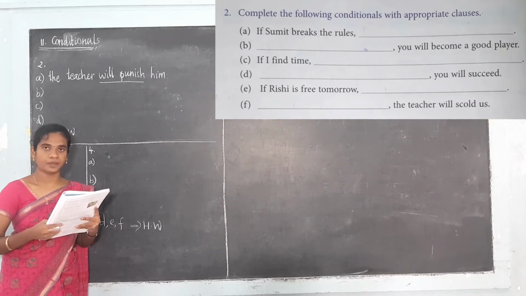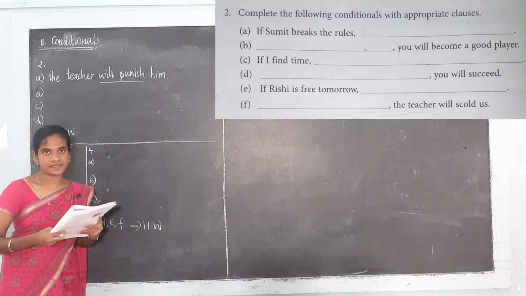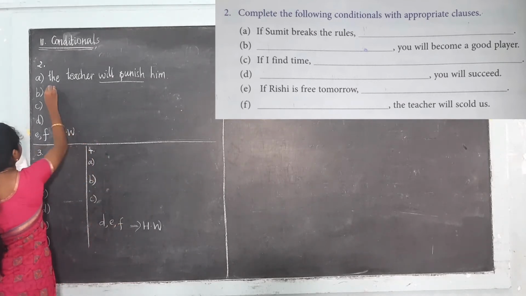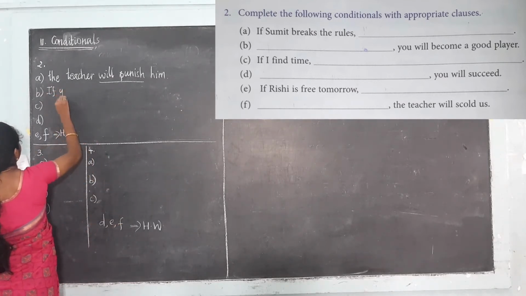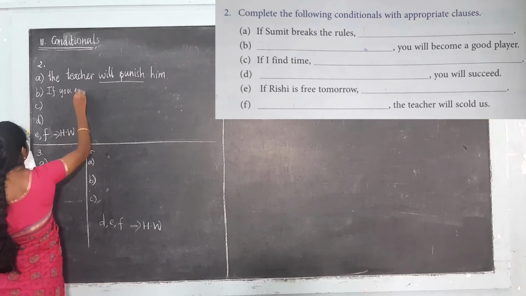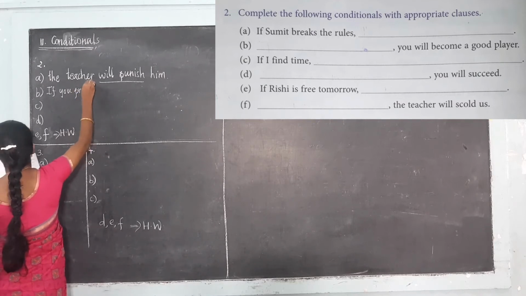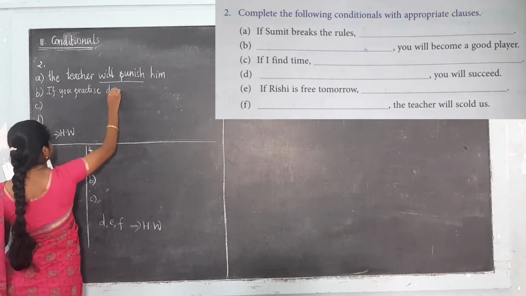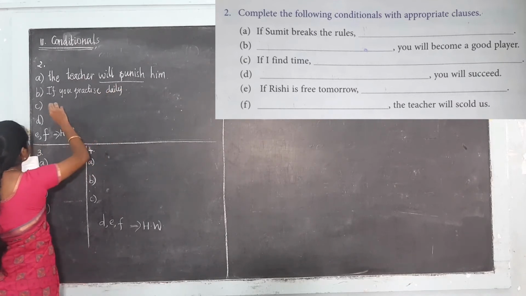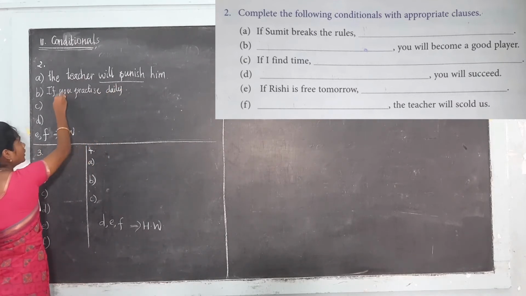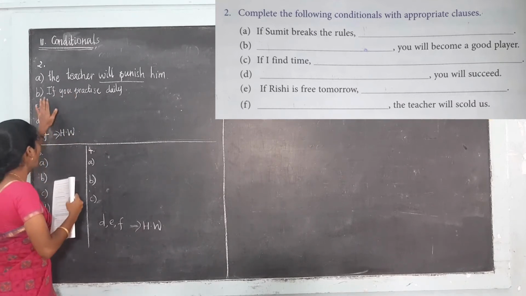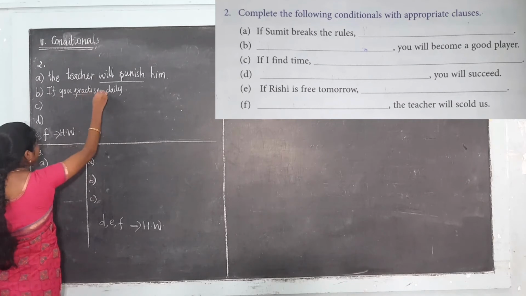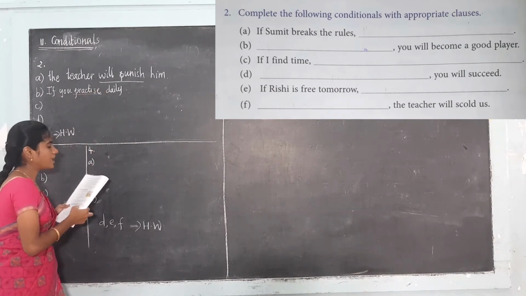You will become a good player if you practice daily. So here what is the subject they have given? You. You have to put you after the if. Okay, if you practice daily, you will become a good player.